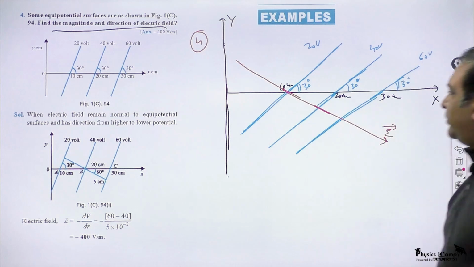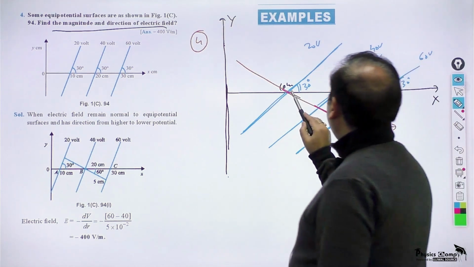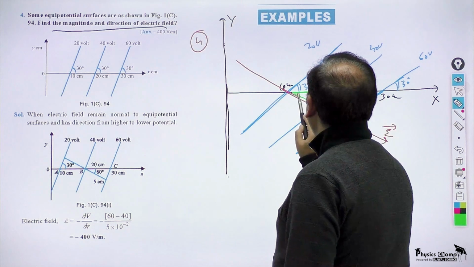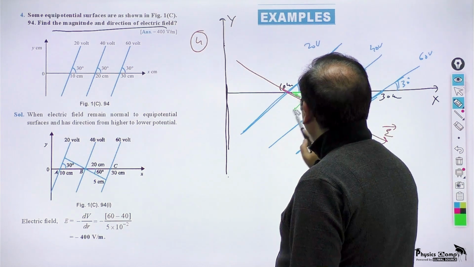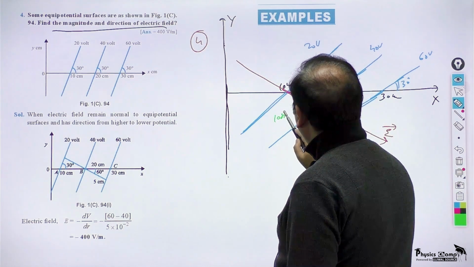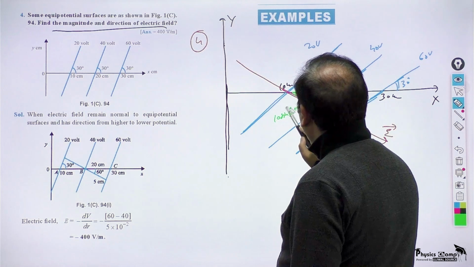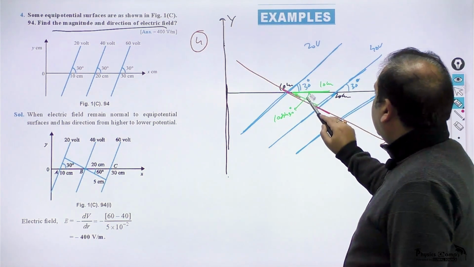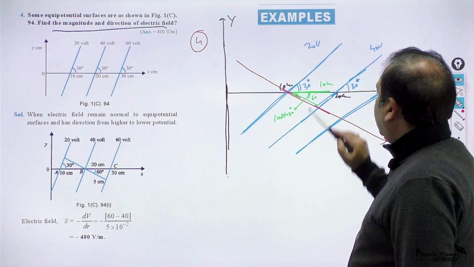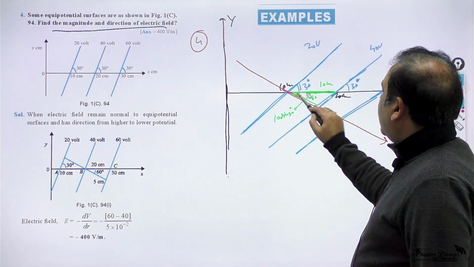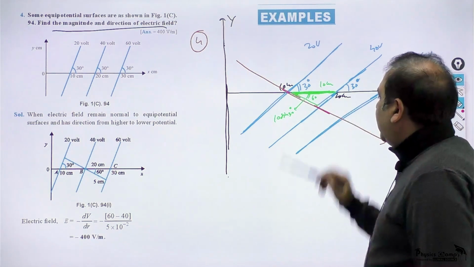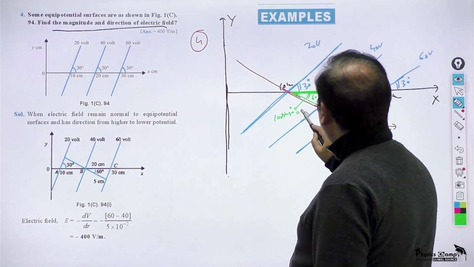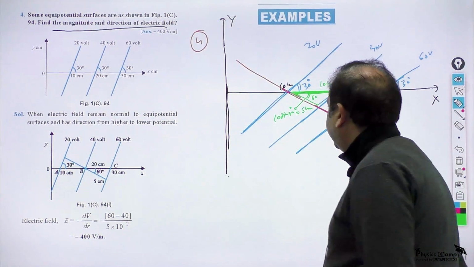If this separation is 10 centimeter, how much will be this separation? This is going to be 10 sine 30 or 10 cos 60, because how much is this angle? 60 degree. So if this is 10, this component will be 10 cos 60 or 10 sine 30. It means this is 5 centimeter.